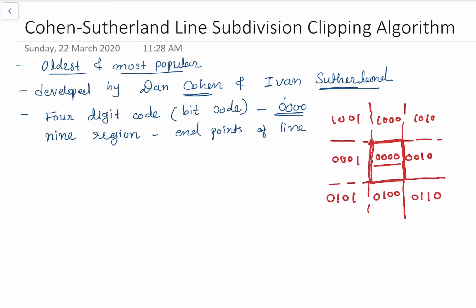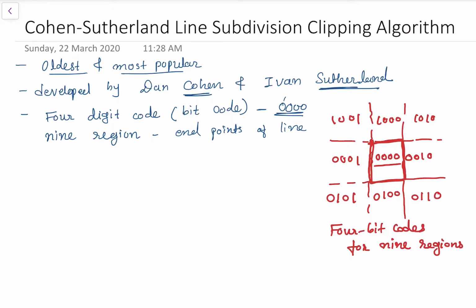Now how this 4-bit code for 9 regions works, let's see by example.